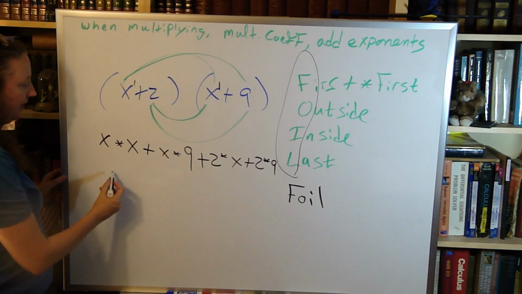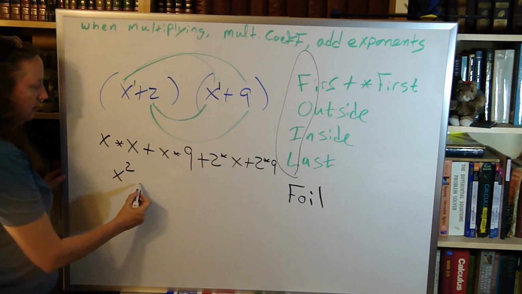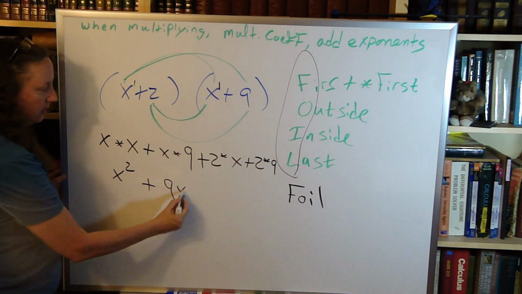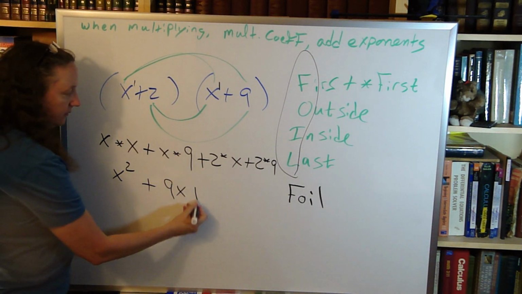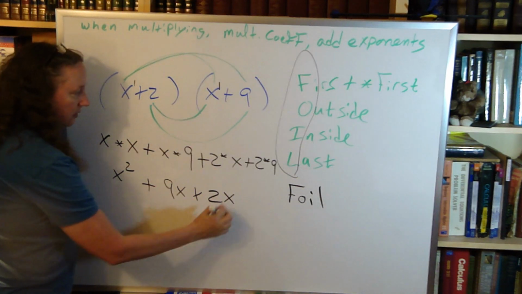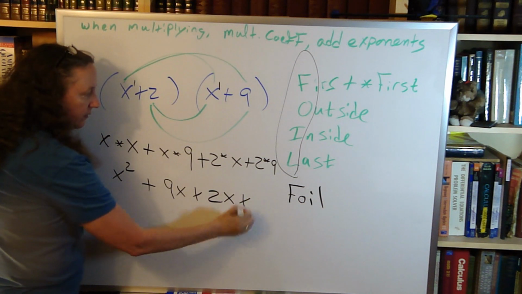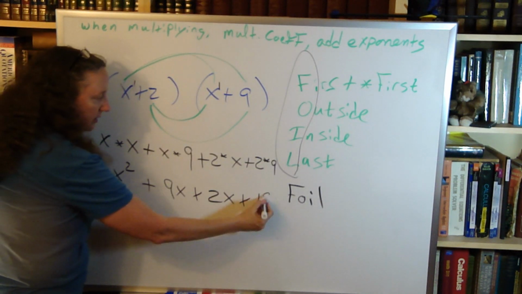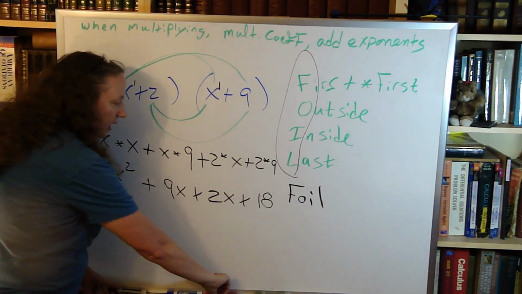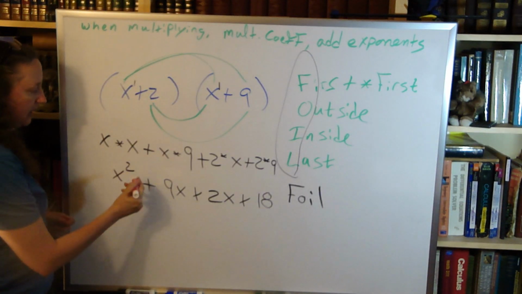So x times x gives me x squared, plus x times 9 is 9x, plus 2 times x is 2x, plus 2 times 9 is 18. Not done yet. I look for like terms that I can combine.